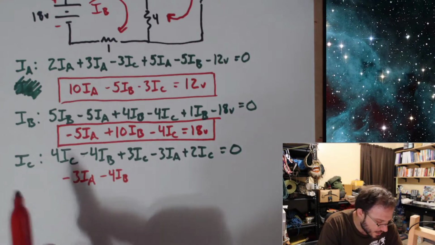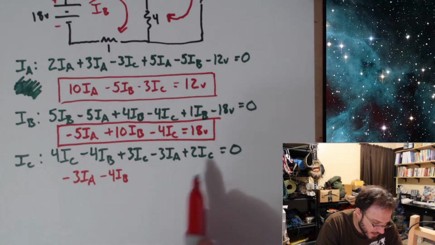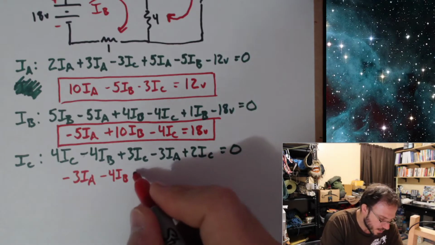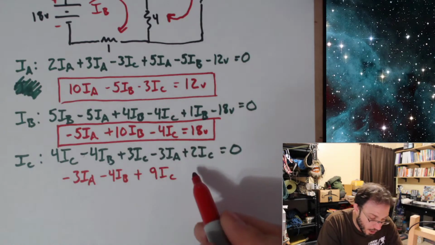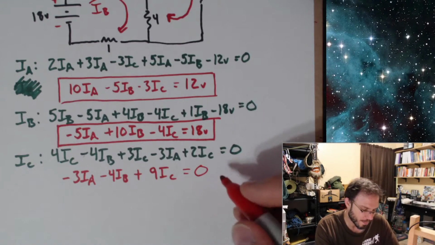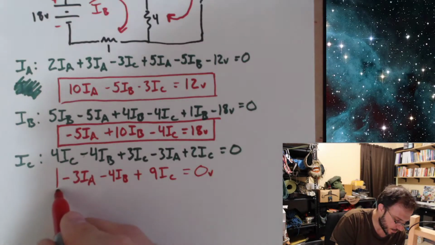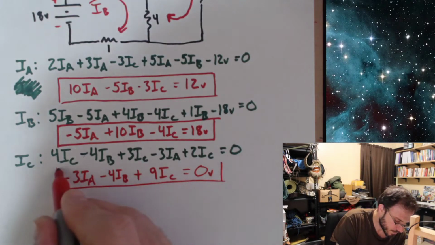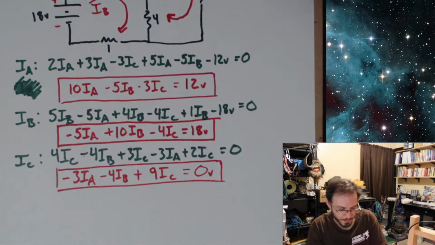And my ICs, I have, let's see, 4, 7, 9. So plus 9 IC. And all of that ends up being equal to 0. Cool. So all those voltages add up to 0.